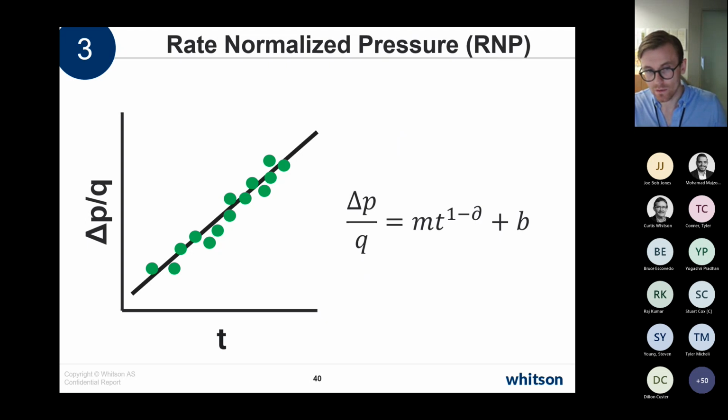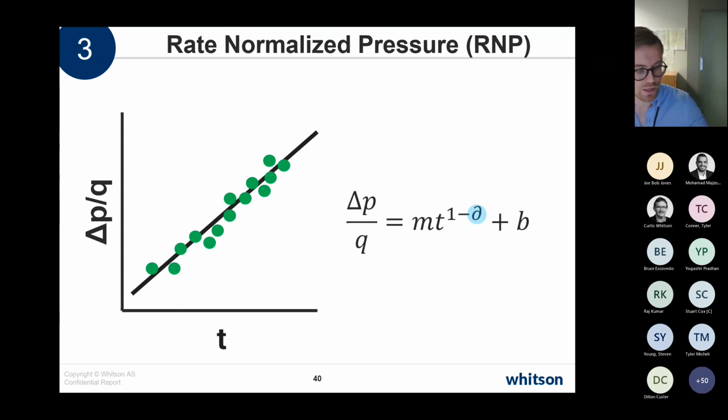That's what you see here. If you think about what rate normalized pressure is in general, that's exactly the same thing that you're plotting on the square root of time plot. The only difference is that your time is not square root of time, it's just regular time. And you're plotting just a rate normalized pressure versus regular time on a log plot, and you fit a power law through that, and your delta parameter is this guy right here.